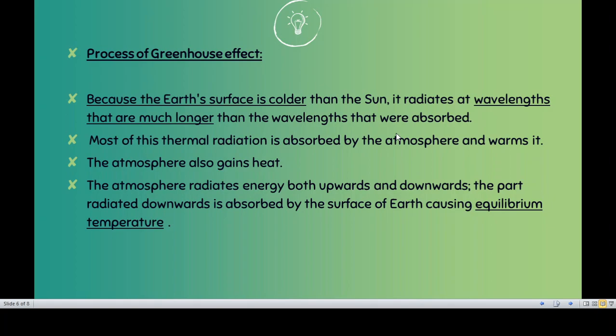That is the same reason we showed in the last picture that some are emitted back, some are absorbed, and some are again transferred back into the atmosphere. That is because they have different kinds of wavelength. So what our atmosphere does is gain the radiation which is useful.